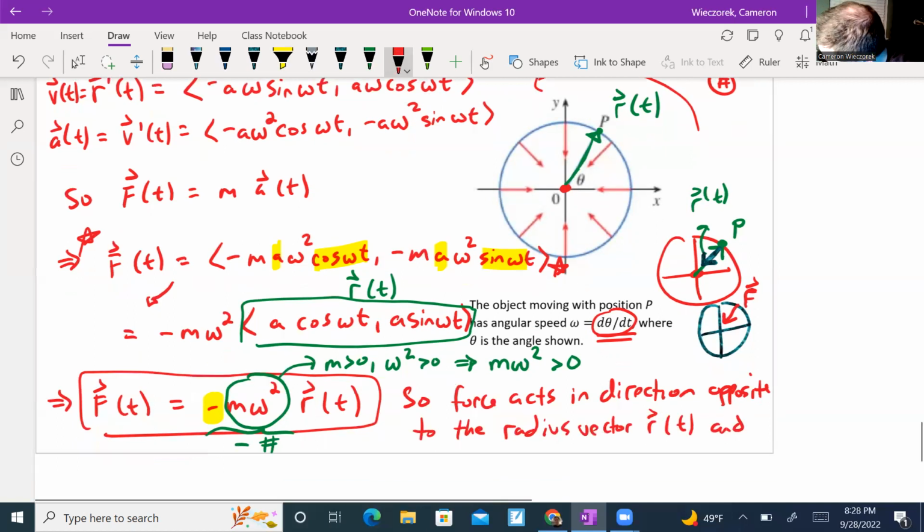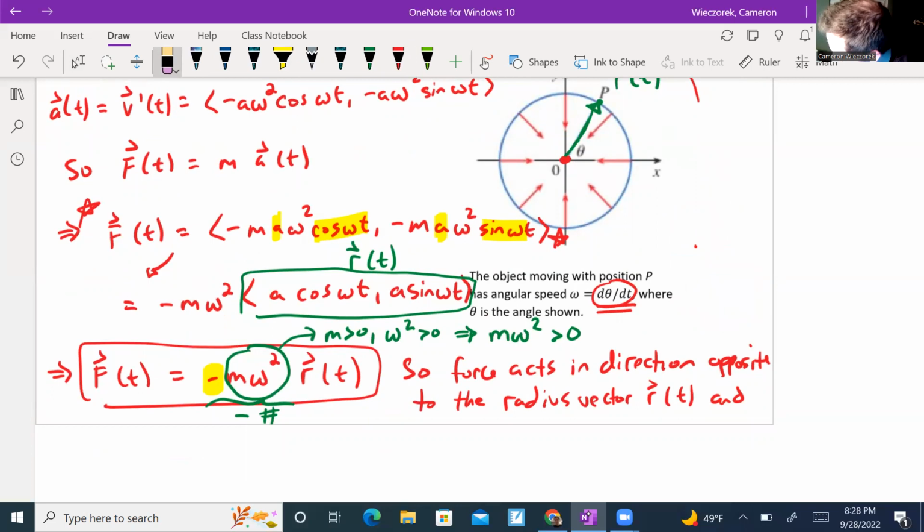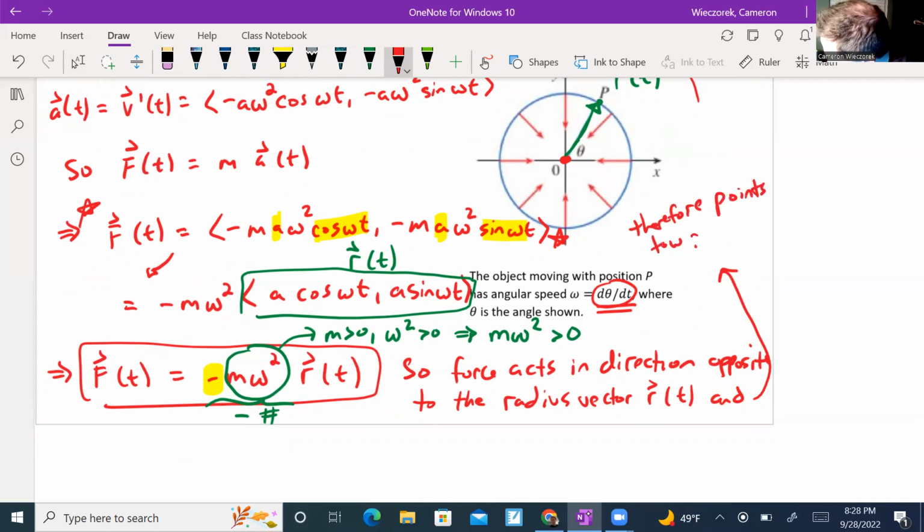And therefore, running out of space, I'm going to erase my pictures up here for a second. And therefore, it points in a center-seeking direction toward the origin in this case, since the circle is centered at the origin. Okay, that would conclude my argument.